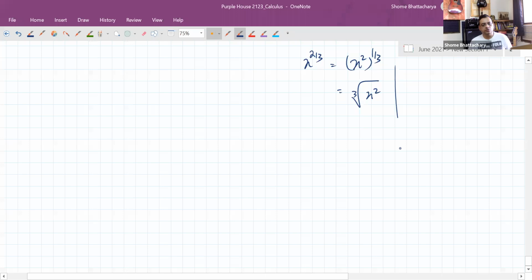Okay. So that's how I got that 1 upon 2x to the power 2 by 3 can also be expressed in another way as 1 upon 2 into cubic root of x square.